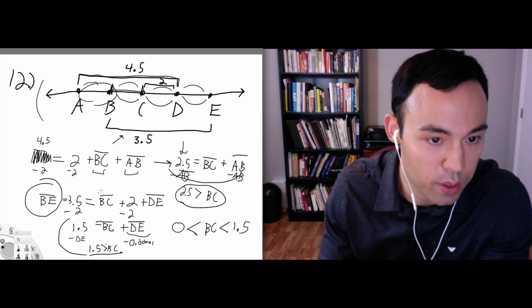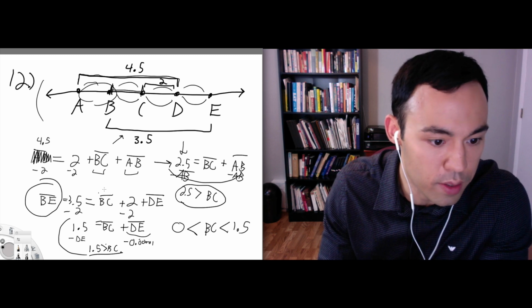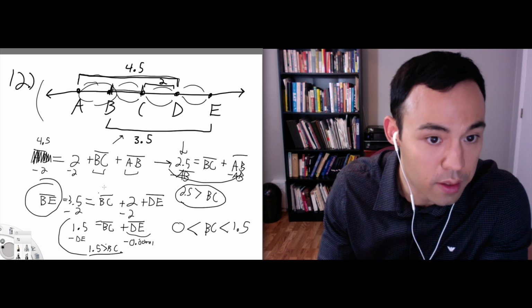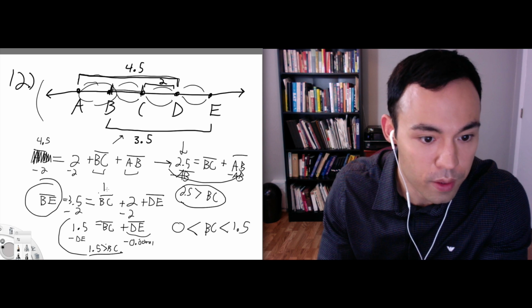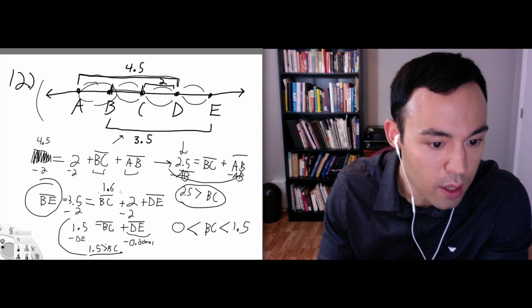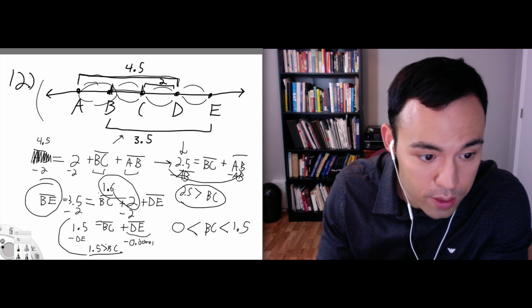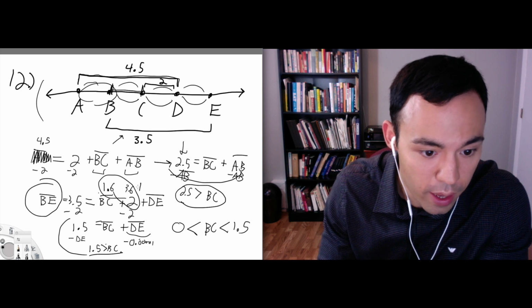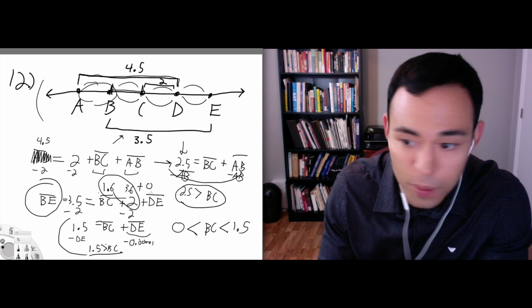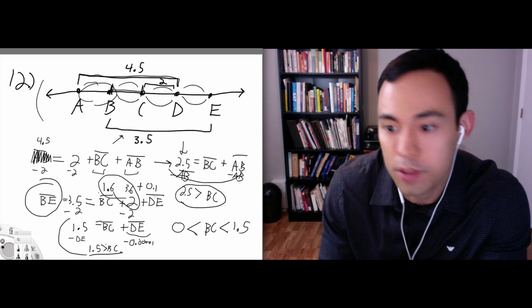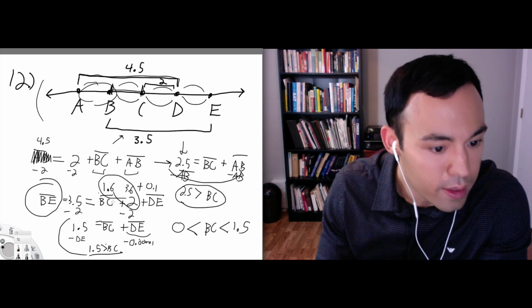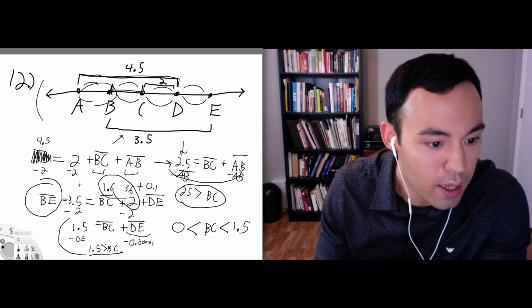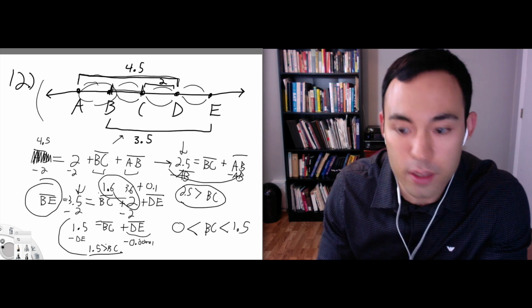All right, let's just prove it. Let's say BC is 1.6. Then this is equal to now 3.6, and we're adding on something greater than 0. So let's just say 0.1 for the fun of it. Now it's 3.7. That's not 3.5. It doesn't work.